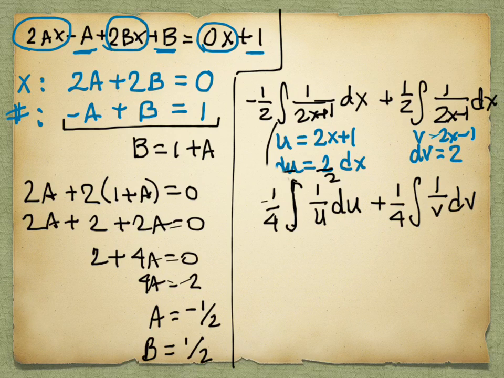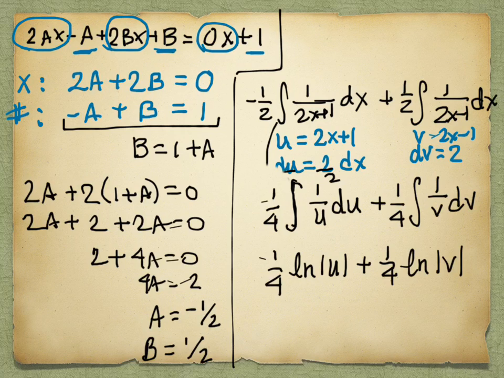Okay, so let's use some integration now. That's what we're doing. This is calculus, right? So we have negative 1/4. What is the integral of 1 over u? That is the natural log of the absolute value of u, plus the 1/4 natural log of the absolute value of v, plus c.